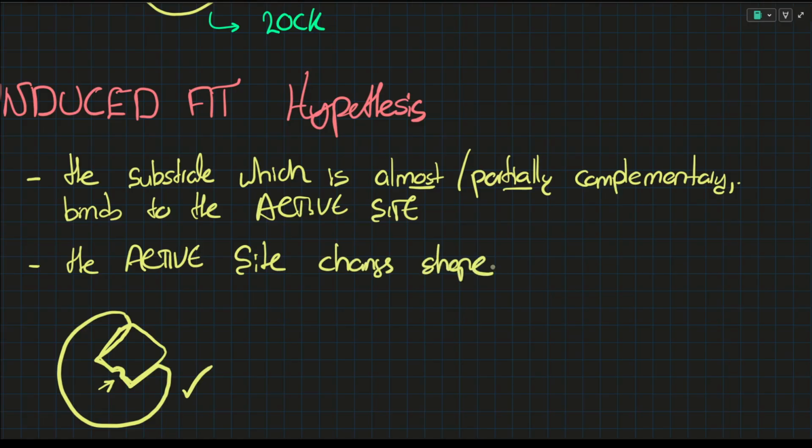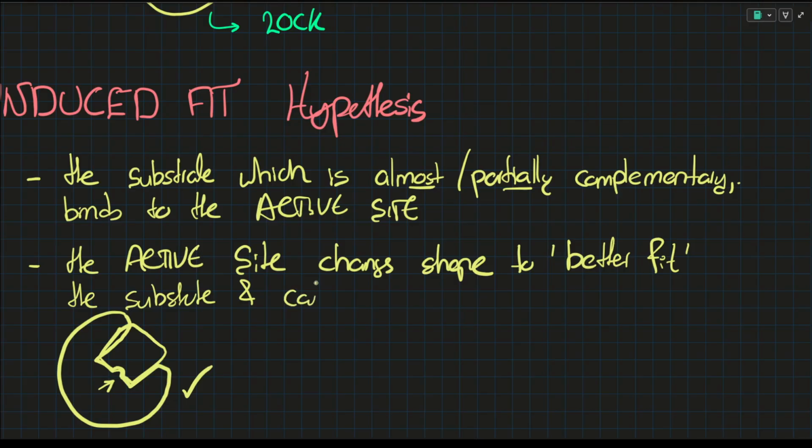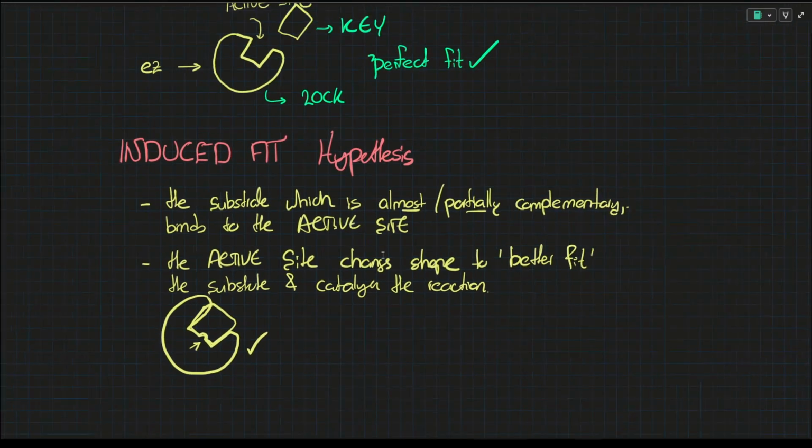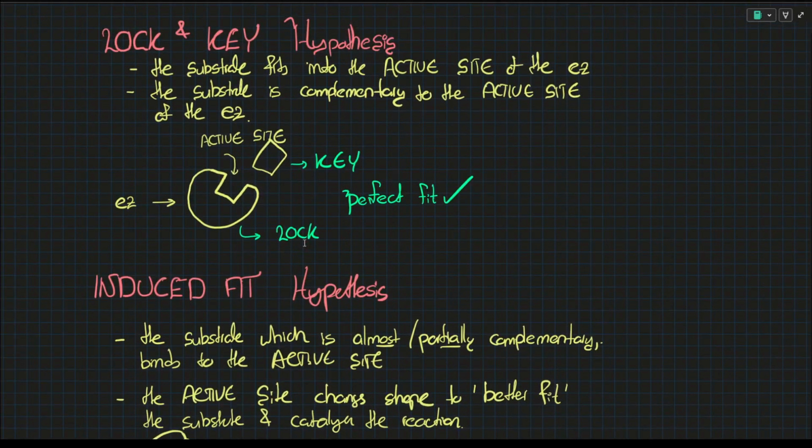It undergoes some kind of change to better fit the substrate and catalyze the reaction. Catalysis occurs, reaction goes on, rate of reaction is increased. Those are the two models in which enzymes are described as being put into work.